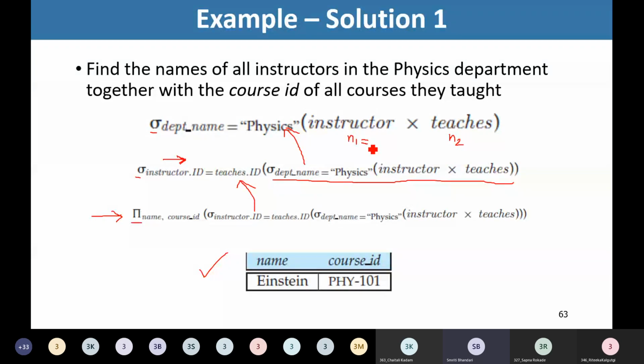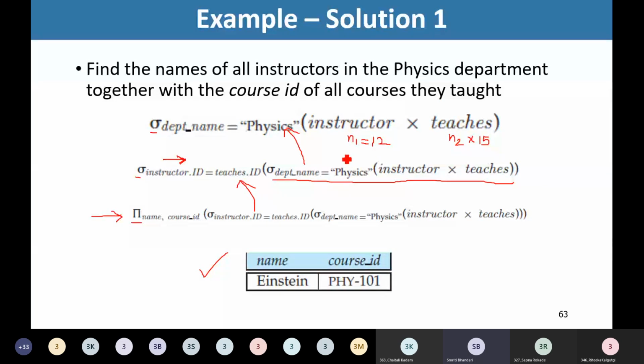Now, let us assume that we have 12 instructors in the instructor table and 15 entries in the teachers table. How many tuples will we have in this cross product? 180 tuples.